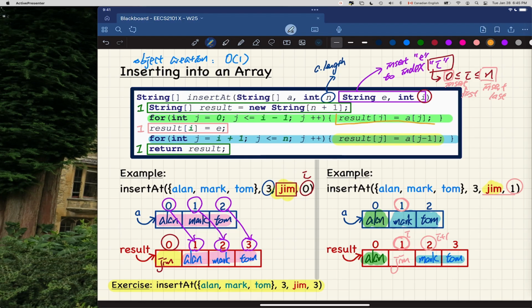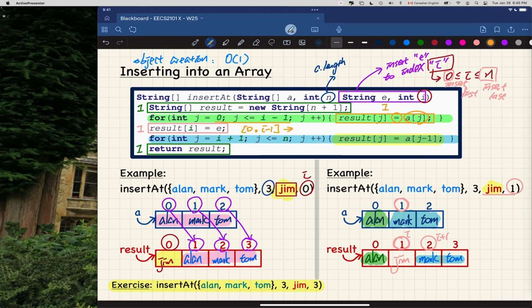The body of the first loop, what will be each execution? 1, agree? Just array indexing and maybe some variable assignment, so just 1. But how many iterations do we have? As we said earlier, it's going to be from 0 to I minus 1.